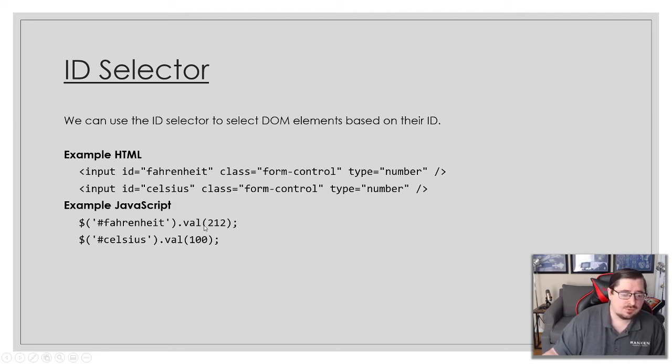I'm going to write a quick script here, and I'm going to say I want to refer to both of these items by their ID. So here with my selector, you can see hash Fahrenheit, hash Celsius. So that's get the element by the Fahrenheit. You'll see I put these in single quotes. You can put them in double quotes or single quotes, but per style convention, please use single quotes.